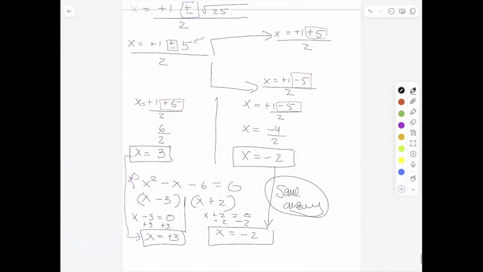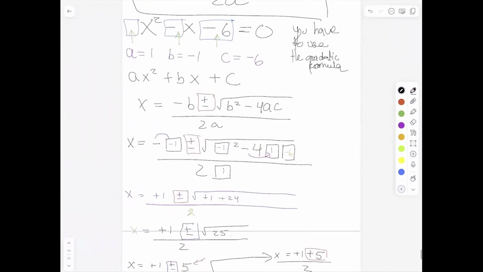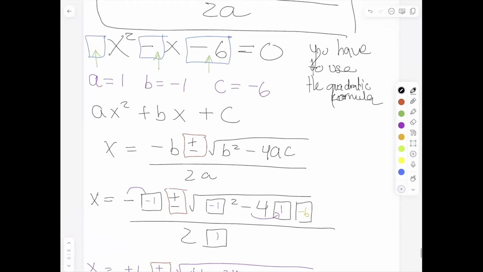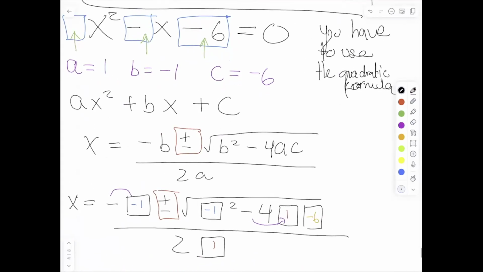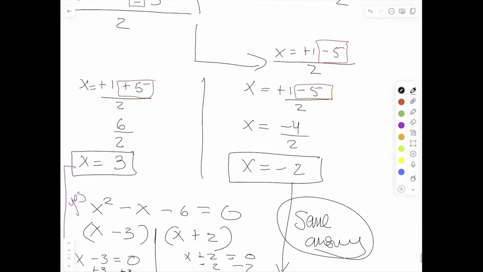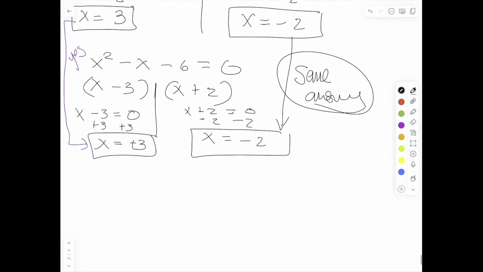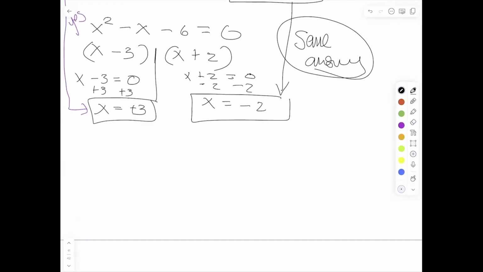So a lot of you might say, why would I ever want to walk to China if I'm able to take an airplane by factoring, right? Look how easy this is. This is so easy, right? I get X is equal to +3, X is -2 because I am able to factor.